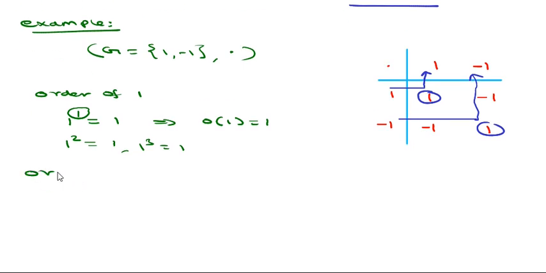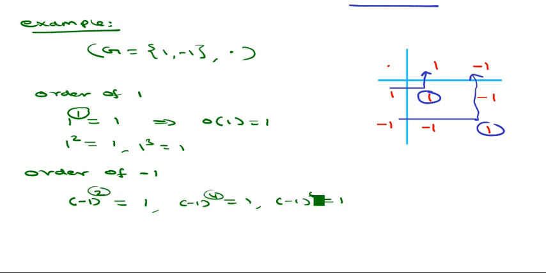Now we will find order of minus 1. Minus 1 is the element. We raise the power of minus 1 so as to get the identity element, which is 1. Minus 1 power 2 is 1, minus 1 power 4 is also 1, and minus 1 power 6 is also 1. Among these 2, 4, 6 we have to find the least one.